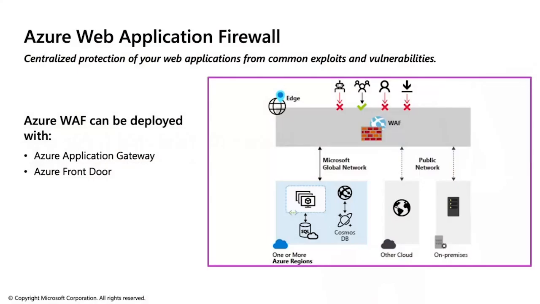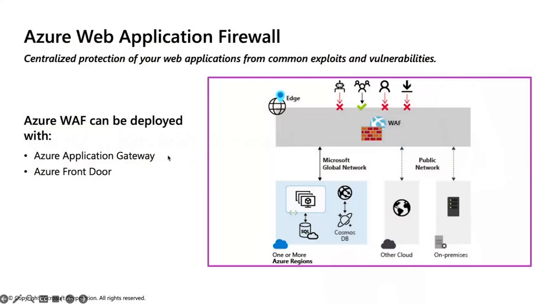We have WAF, Web Application Firewall. Now, WAF is not a separate component. WAF is a component that is available in Azure Application Gateway and Azure Front Door. Now let's understand what comes in Azure Application Gateway and in Azure Front Door one by one.